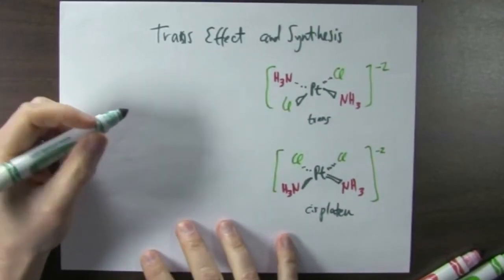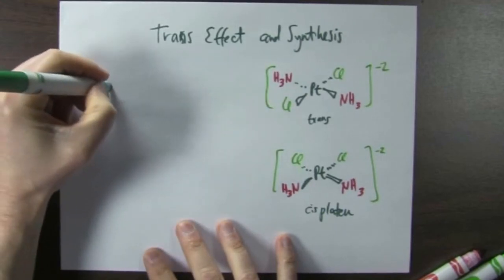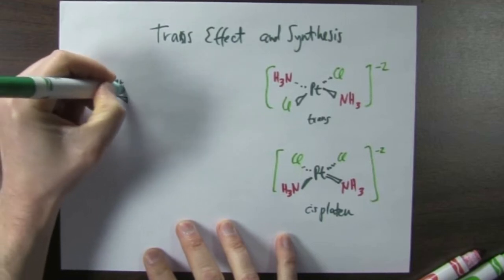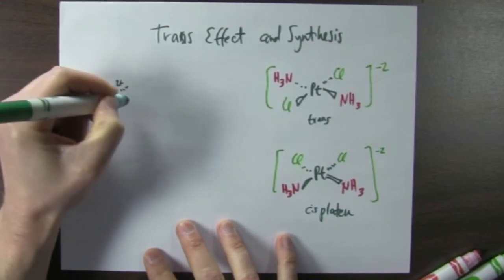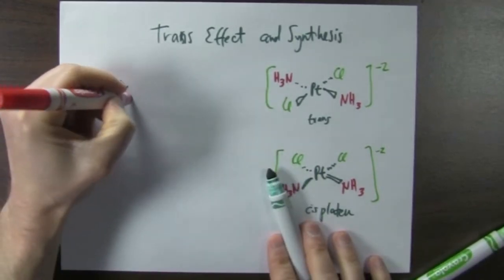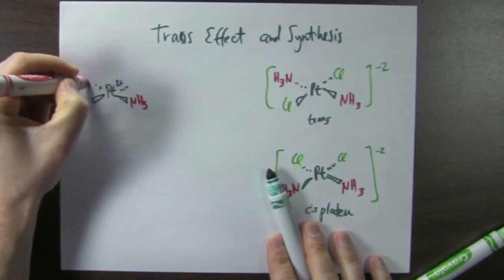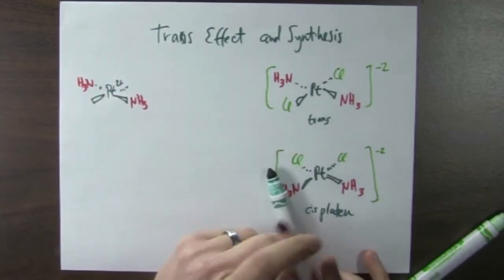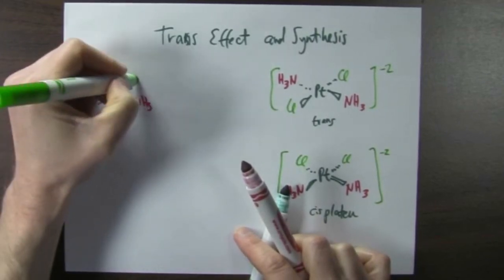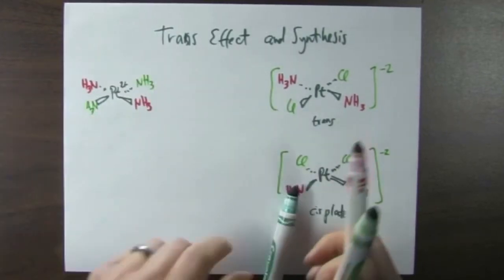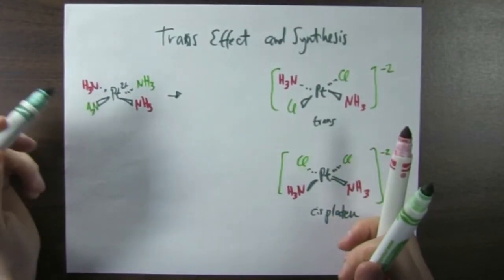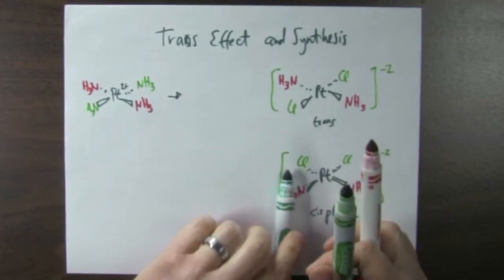If we start with platinum tetraammine and we add a chloride to substitute, since all four ammonia ligands are the same, it doesn't matter, we'll just substitute one of them.